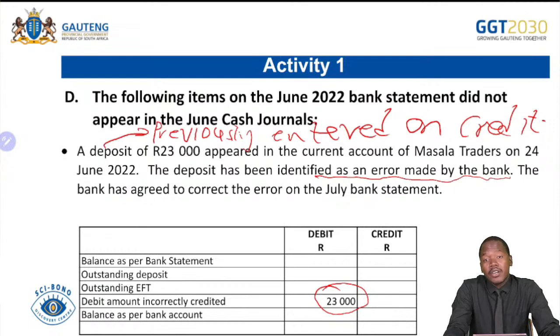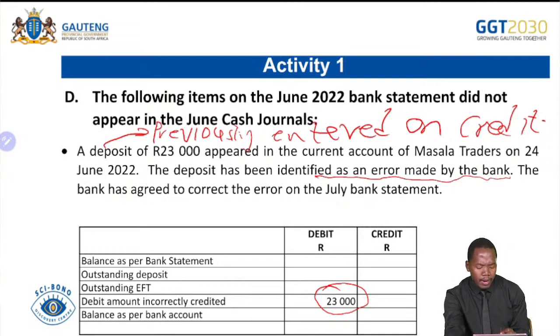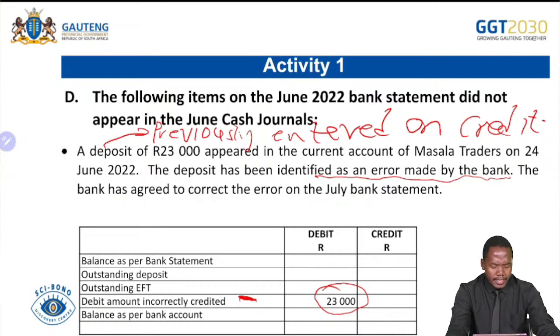If an amount has been recorded on the credit side, to correct it or to get rid of it, we need to record it on the debit side, as long as it doesn't belong to the business. Right, so here, check what the statement is saying: this is a deposit incorrectly recorded or incorrectly credited.